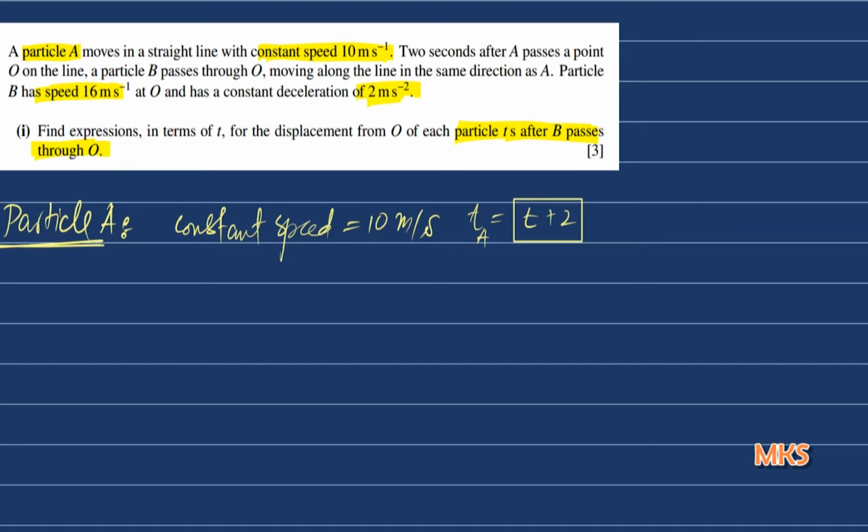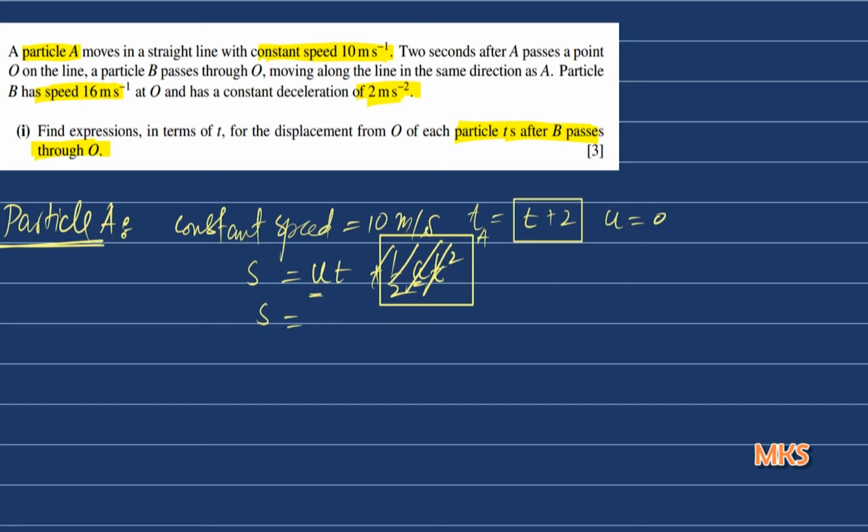And we have to find S. S is equal to ut plus half at square, but we don't need this one. Since the speed is constant, acceleration is 0, and this expression becomes 0.